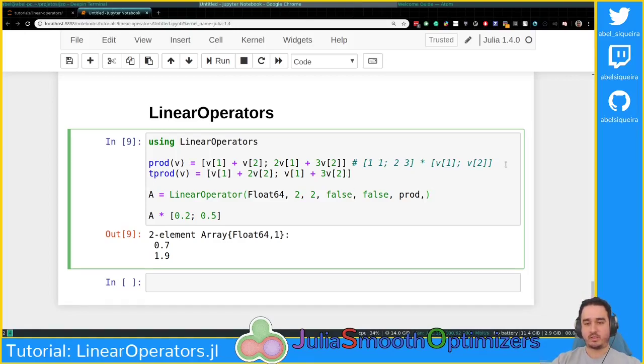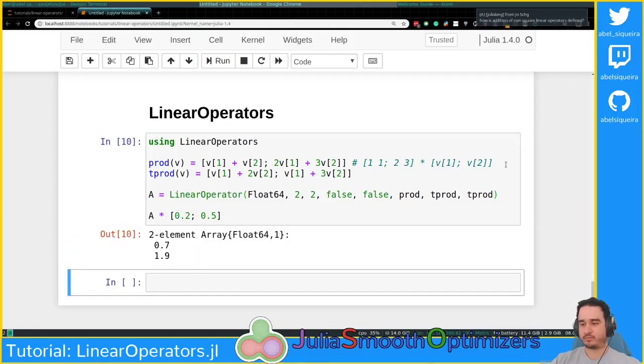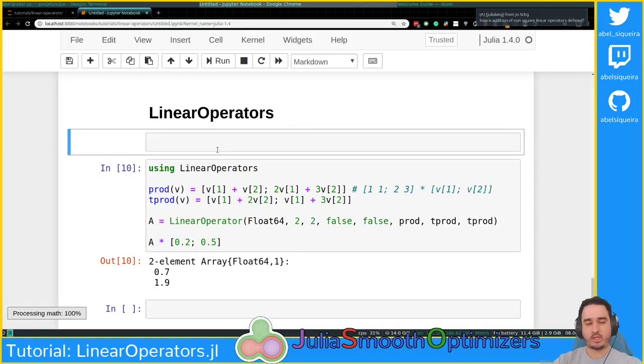I can pass this information, tprod and ctprod. Since I have a real matrix, I can ignore one of the arguments, which is for the conjugate transpose, but for full disclosure, I'm having everything here.